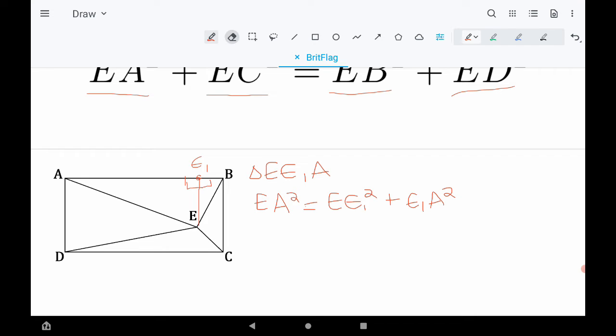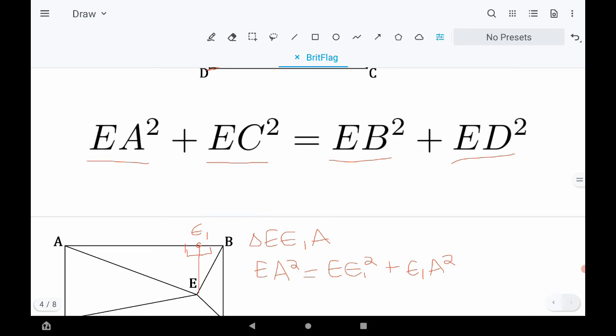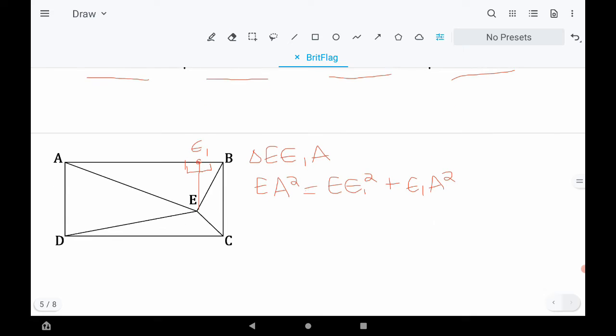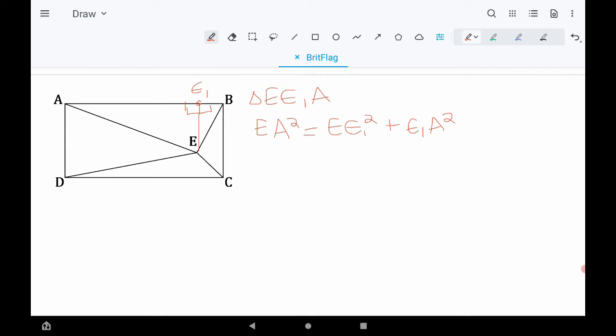Okay, now continuing, we have EC squared. That's our next term that we have to look at. And we think about doing the same thing. We have to drop perpendiculars to something because that's what we did for EA.